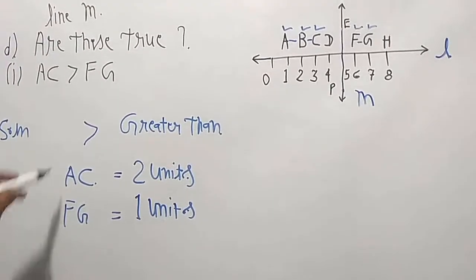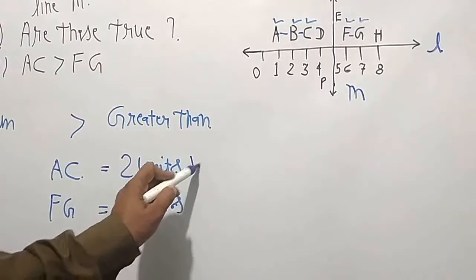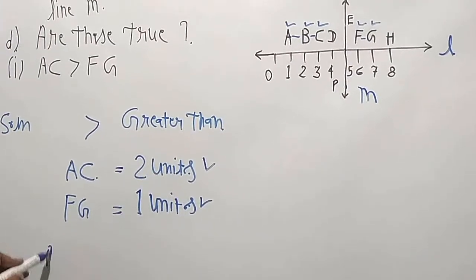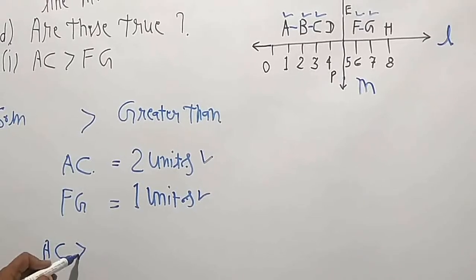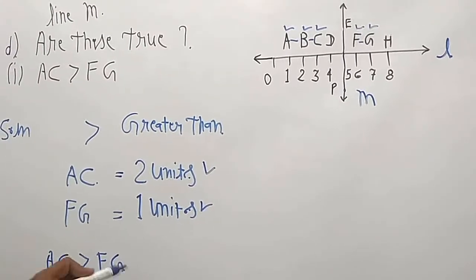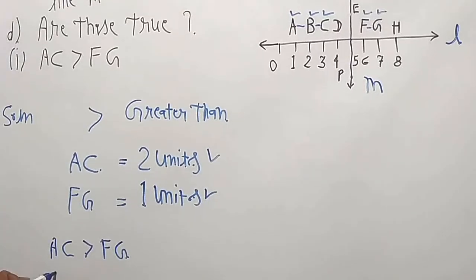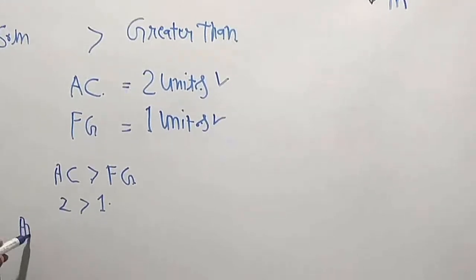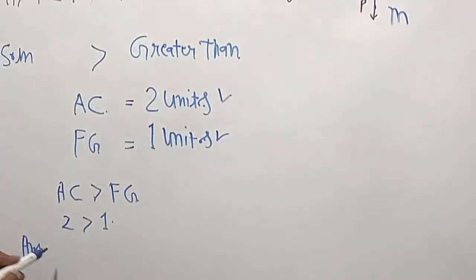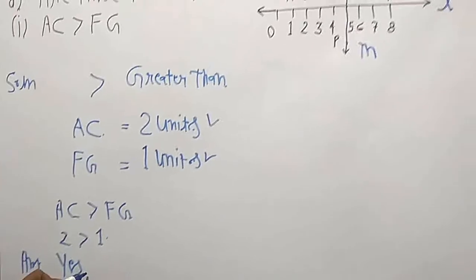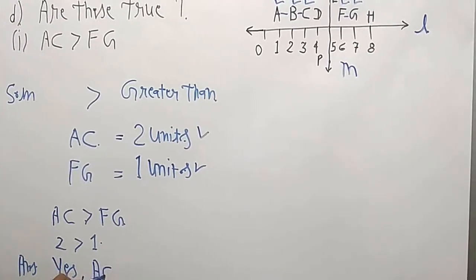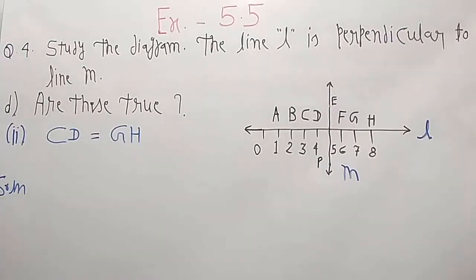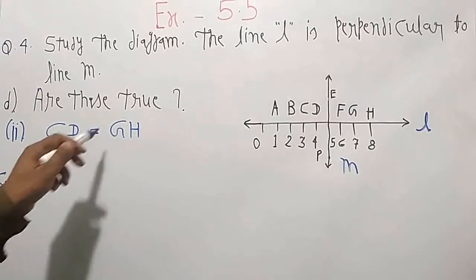So when we compare AC with FG, there are 2 units for AC and 1 unit for FG. So we can say that AC is greater than FG because 2 is greater than 1. So in the answer we can write yes, AC is greater than FG.